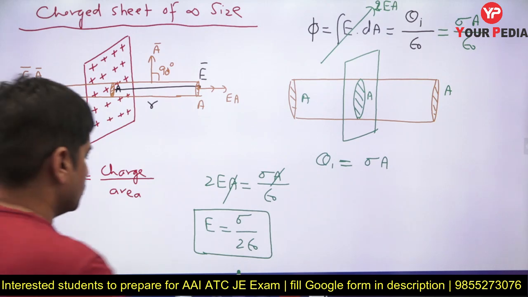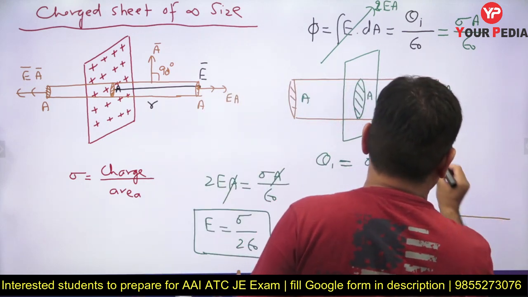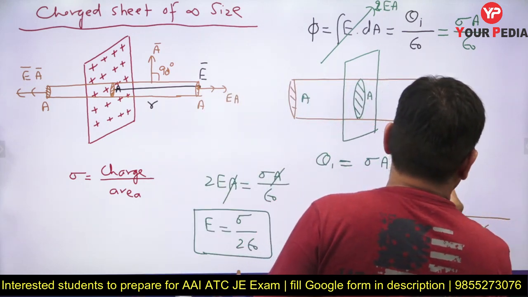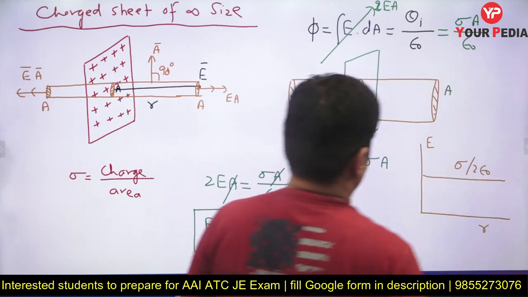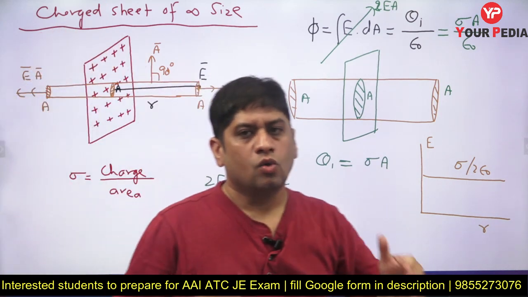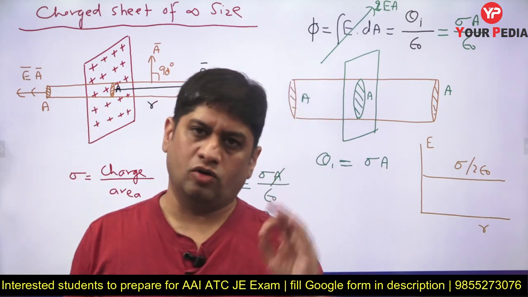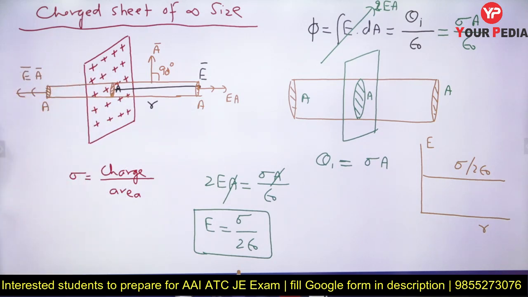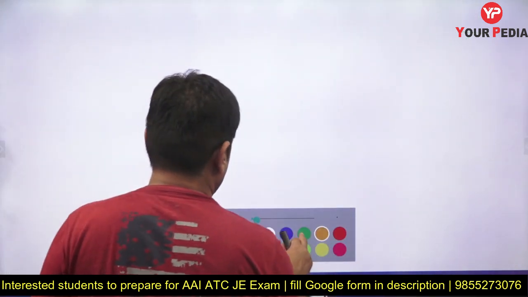So suppose you are asked to draw the graph between electric field and radius, you get a constant value, sigma by 2 epsilon naught. This is a very important finding. For an infinitely large sheet, what will be the electric field at some distance from it? Sigma by 2 epsilon naught. Sigma you should know, and epsilon naught is the permittivity, which you are already aware of. This is how it is to be calculated. So let me give you a question here, a very small question.